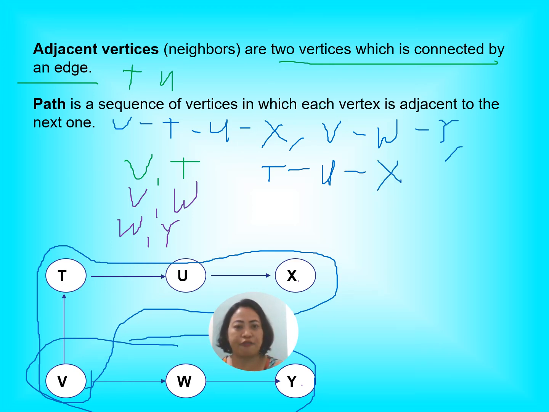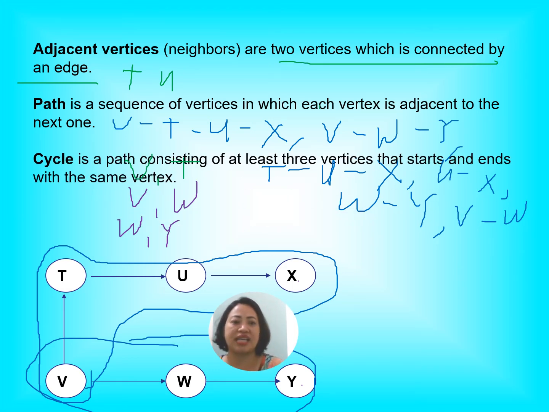Or you could have a path from U to X. Okay? Or you could have another path from W to Y. Or another path from V to W. Right? So this is how path works.